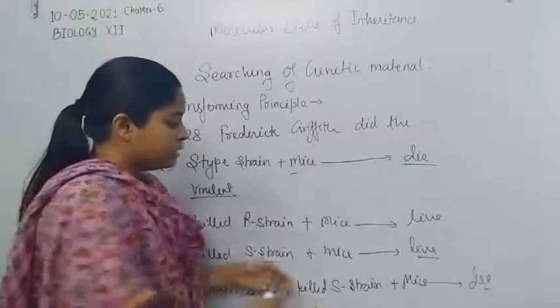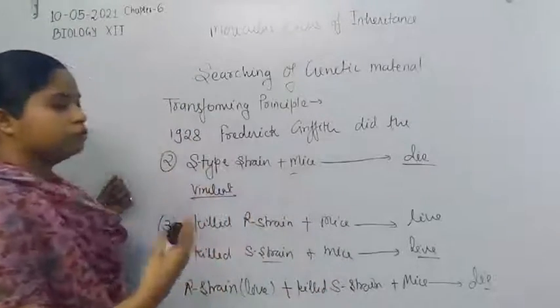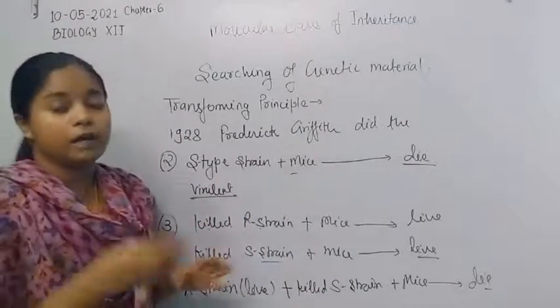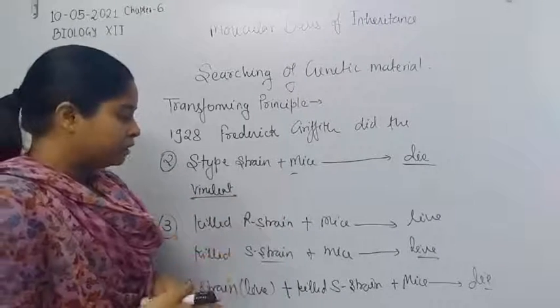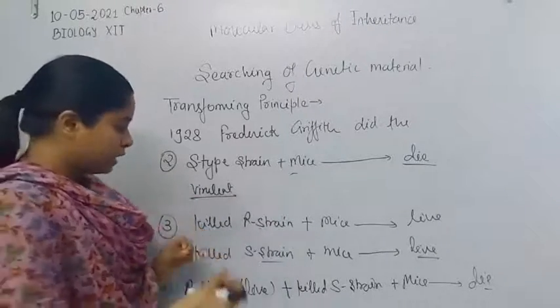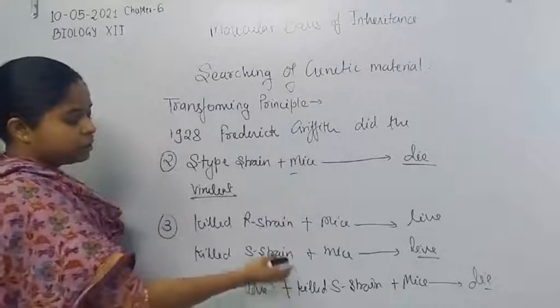That means the killed S strain has some constituent, some genetic material, some form of virulent constituent.